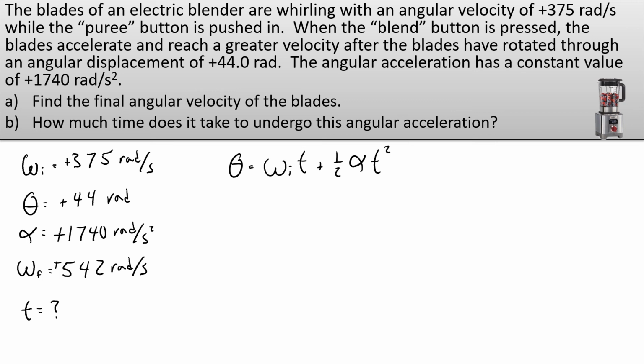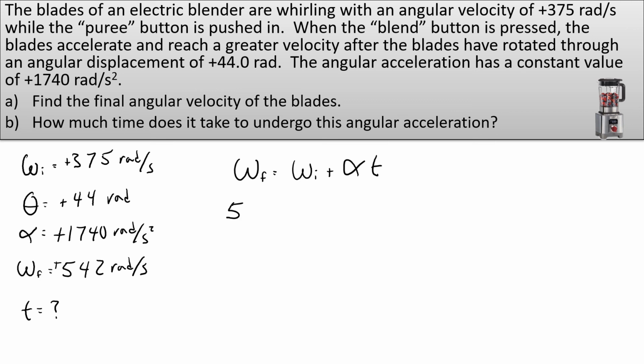Which is my go-to equation if I have a choice? Normally it would be vf equals vi plus at, but instead we'll do omega f equals omega i plus alpha t. No squaring necessary, no quadratic formula, nothing crazy like that.